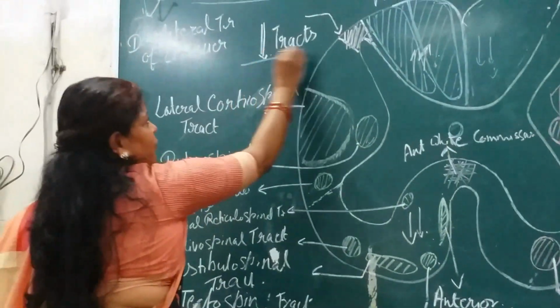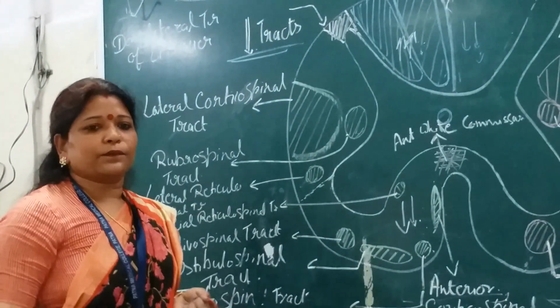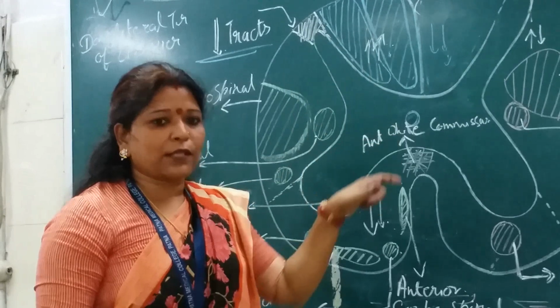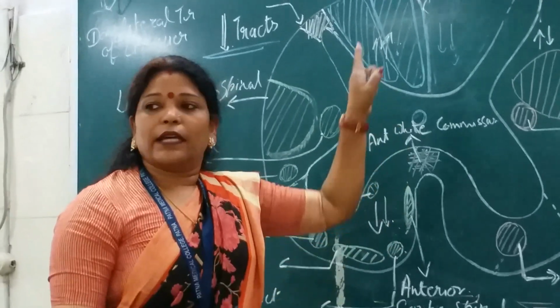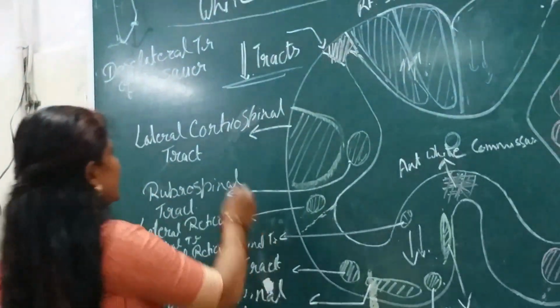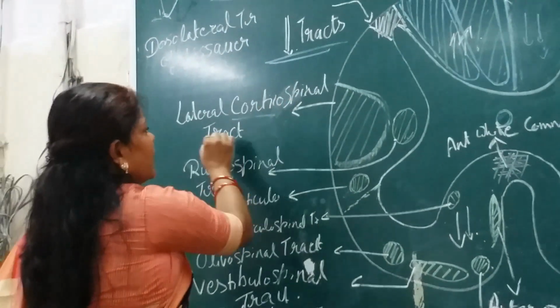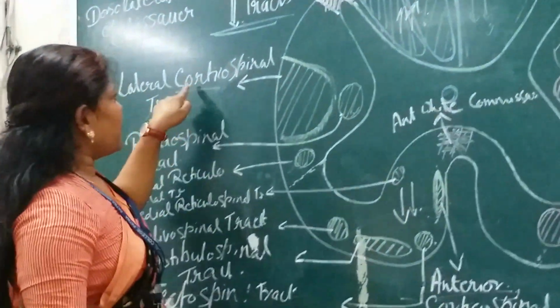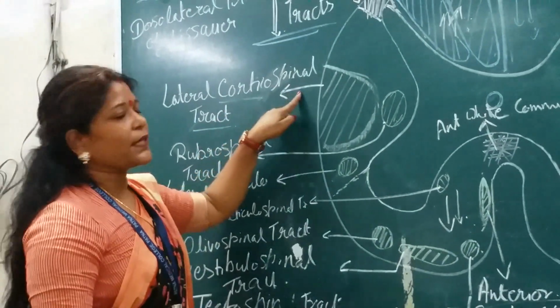A very important part of the descending tracts here. Descending means from where it should be coming? The axonal fibers should originate from neurons in the cortical areas. That's why the name is corticospinal tract. Just now I have told this point: in the prefix it is cortico, in the suffix it is spinal.